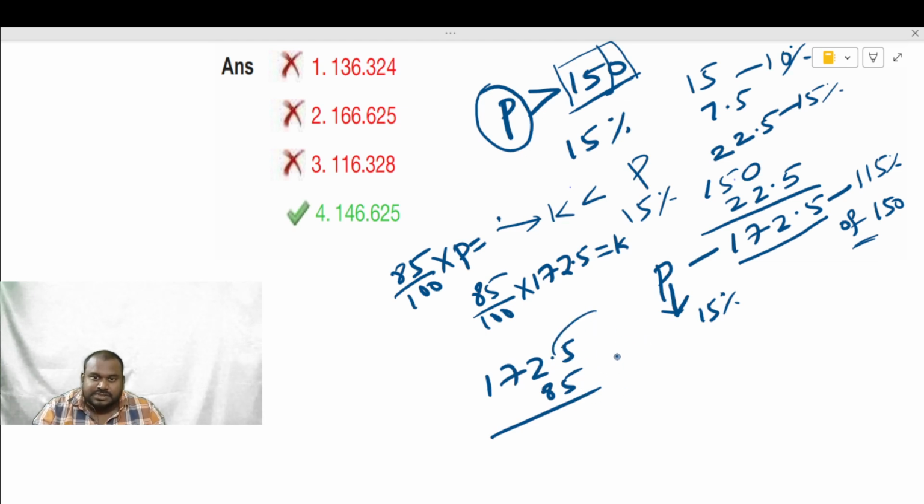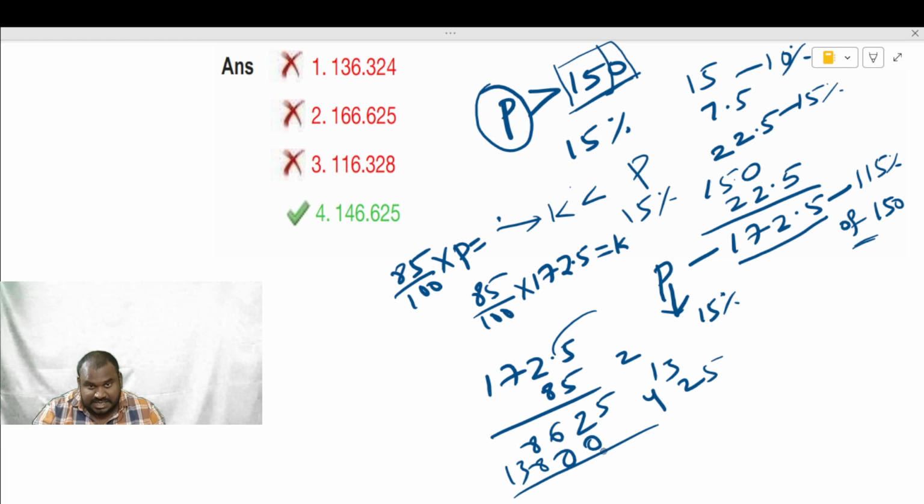Now 5 fives are 25, 5 twos are 10, 12, 5 sevens are 35, 36, 5 ones are 5, 8, 8 fives are 40, 8 twos are 16, 20, 8 sevens are 56, 58, 8 ones are 8, 13.